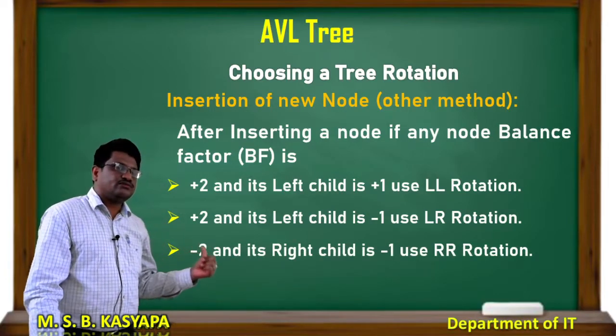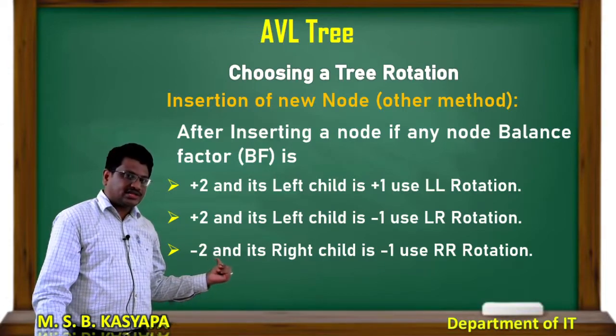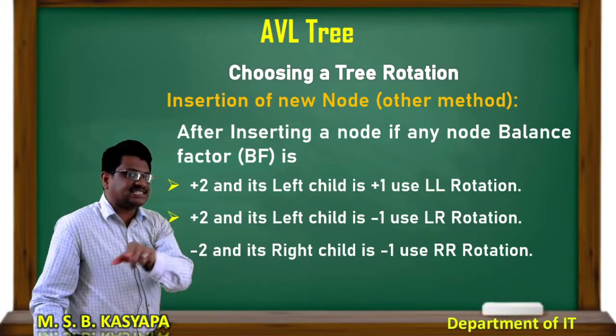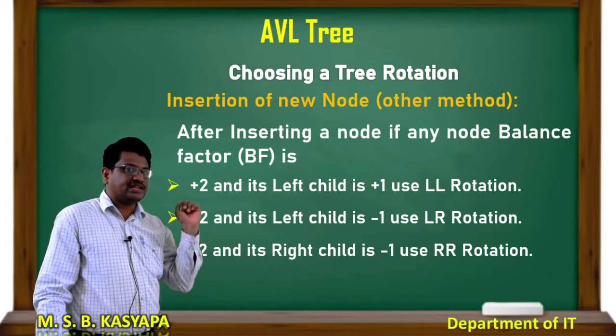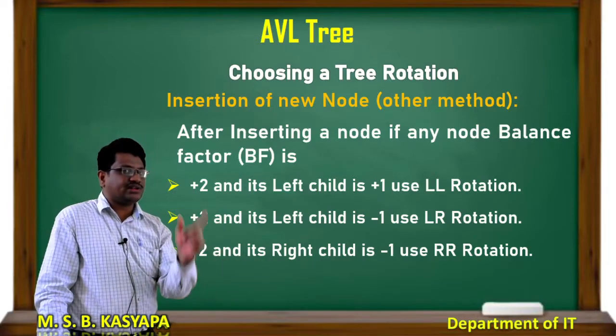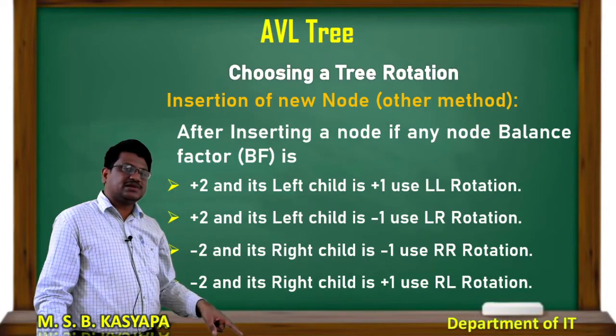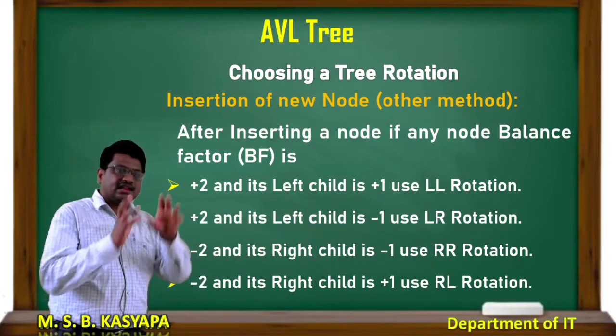Now, for a particular node, if I have -2 as a value, -2 means the right side, so I have to check the right child. If the right child contains -1, it is RR. If it contains plus 1, it is RL. So plus plus means LL, left side.